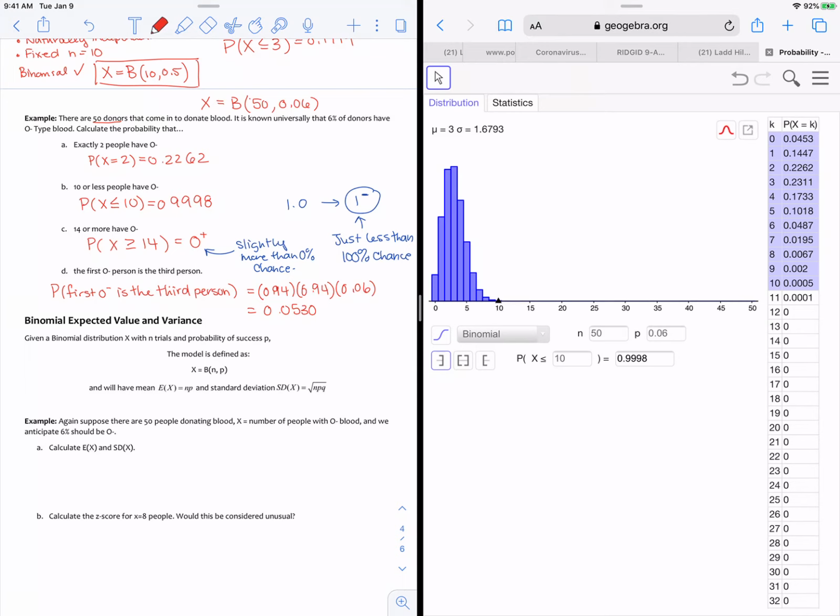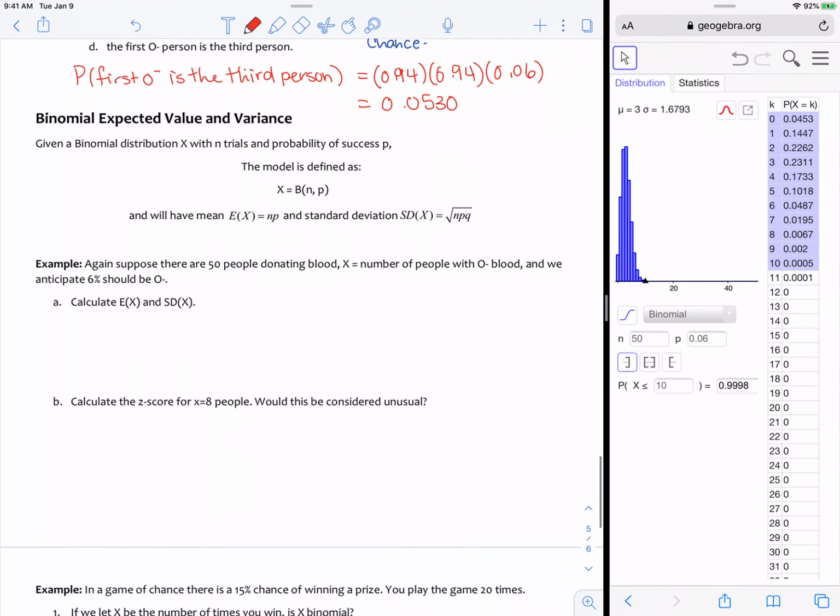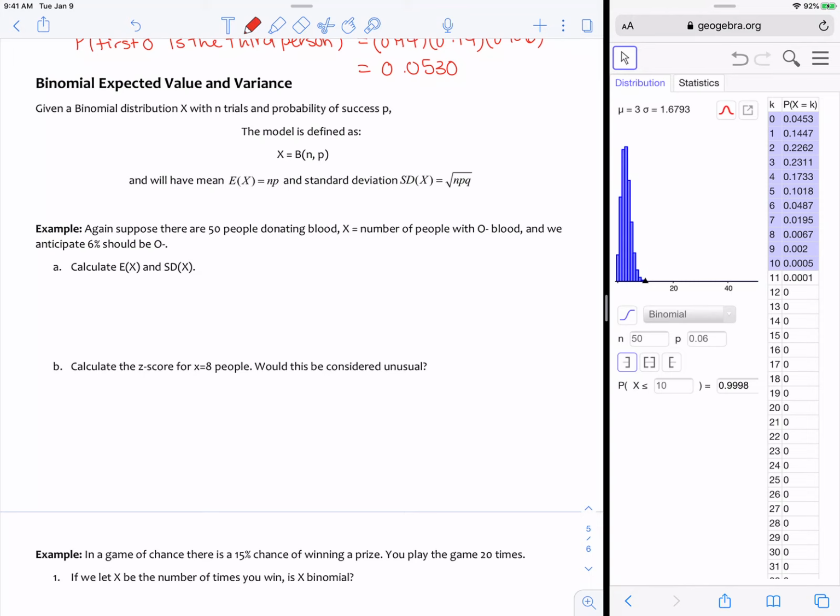Okay. So the next thing we want to talk about here is the binomial expected value and variance. So I mentioned when we look at the histogram in GeoGebra, we can get a sense of what is the most likely outcome, and then that is going to signal what our expected outcome is, right? We are expecting that because it is the most likely to occur.